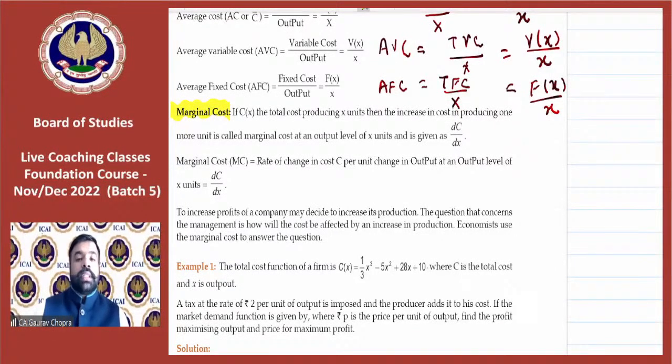Cost is basically the dependent variable and output is the independent variable. So whenever the question is asking to calculate the marginal cost, we have to find the derivative of cost with respect to X, that is output. So for marginal cost, we differentiate dC by dx, because marginal is also the rate of change in cost with respect to output.